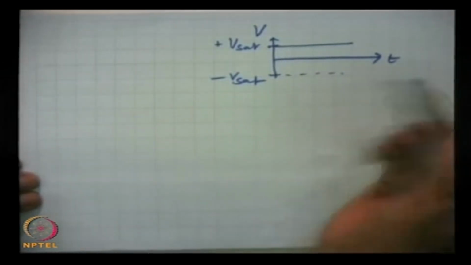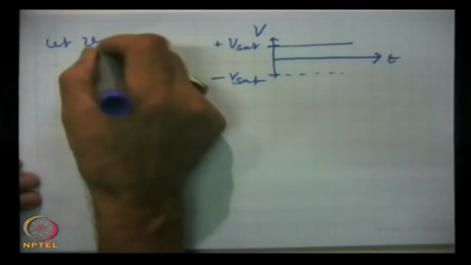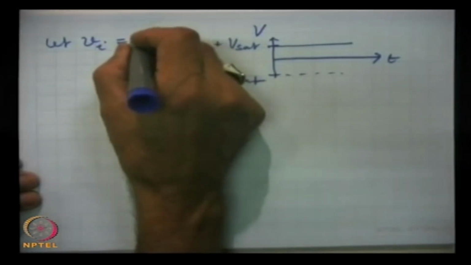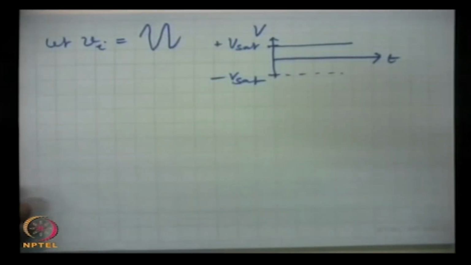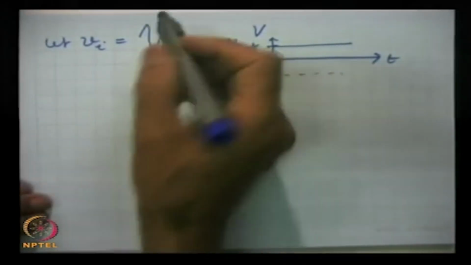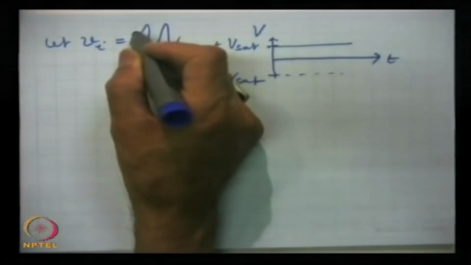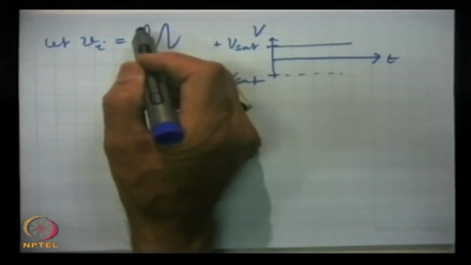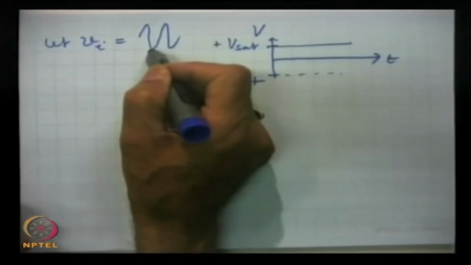Now, if we apply a sinusoidal signal, let Vi be sinusoidal like this. This is the input signal, and if this is of the order of a millivolt, then the same thing will happen. Here it will just saturate at plus Vsat, and here it will saturate at minus Vsat.